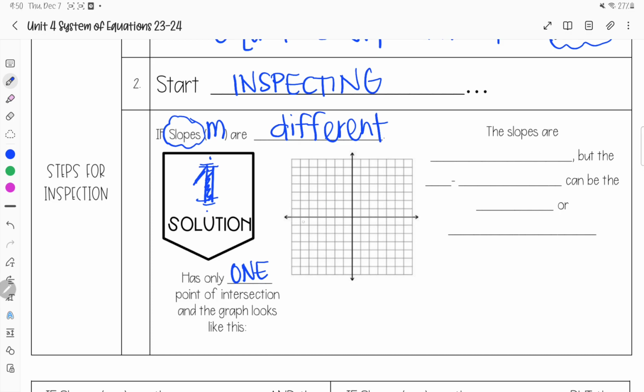So let's say that we graph our two lines, and this would be their solution, because it only crosses one time. So, graphed lines cross one time.